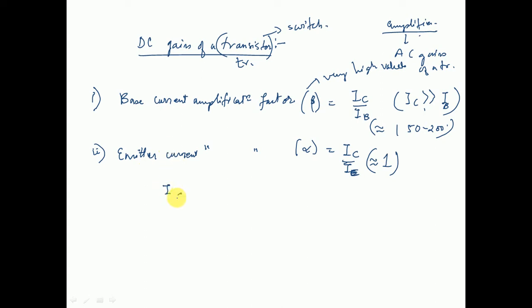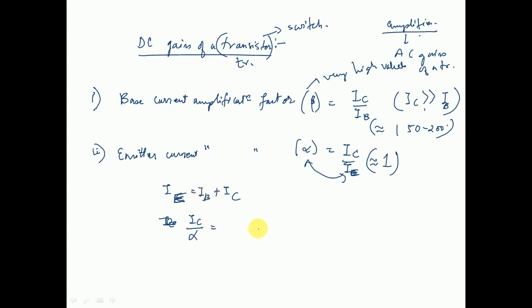Now, please see, IE equals IB plus IC. From here, you can easily write IE as IC divided by alpha, right?